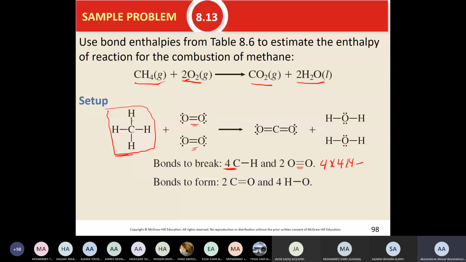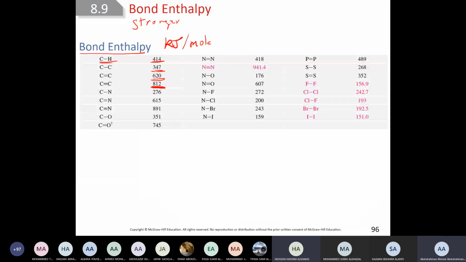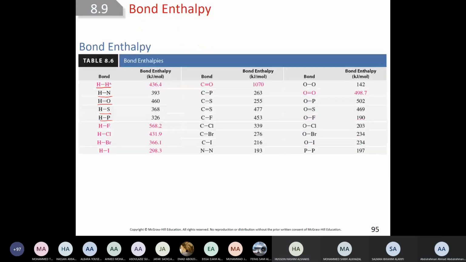And plus also 2 times, what should we look for now? The oxygen double bond. 498.7. So I will write here 498 plus 2 times 498.7, was it?